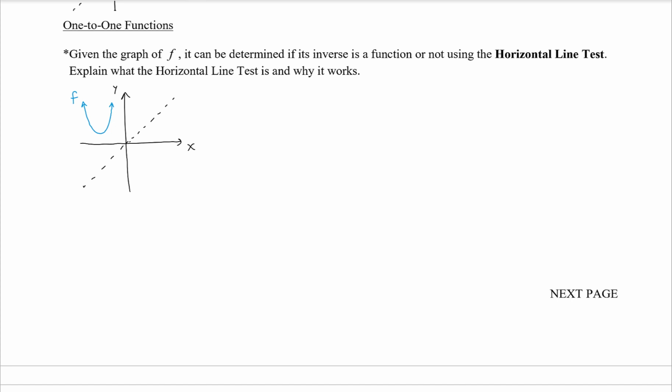Remember I'm folding over this line right here. So then this would come down here. So this would be the inverse of f. Again, not perfect because I'm not a computer.